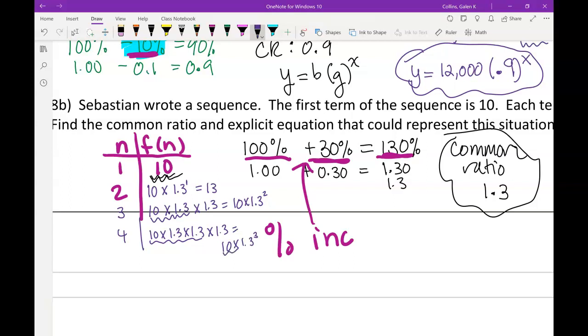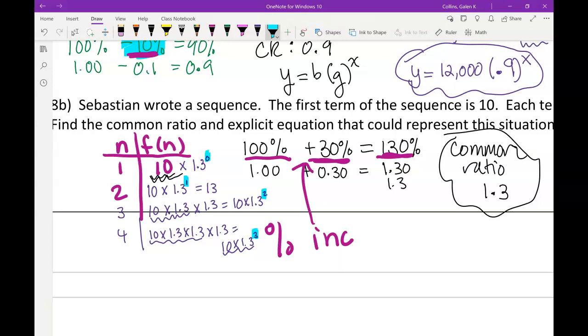So if I can get to this condensed form, what I notice is that the only thing that's changing or varying is the exponent. And if I work this pattern backwards, this first number would be 10 times 1.3 to the power of 0, which it is, because 1.3 to the power of 0 is 1.